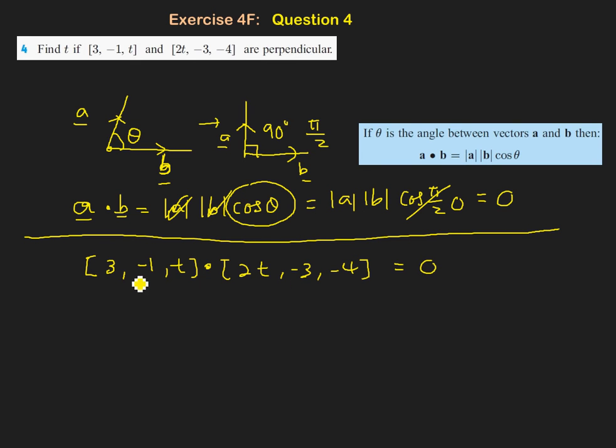Right, and so all we need to do now is just do the dot product, and you get 60, and then plus 3 and plus negative 40, and this is equivalent to 0. Just perform the usual algebra, and you get negative 3 over 2. Isn't it wonderful? This is a very, very useful result to show that two vectors are perpendicular.